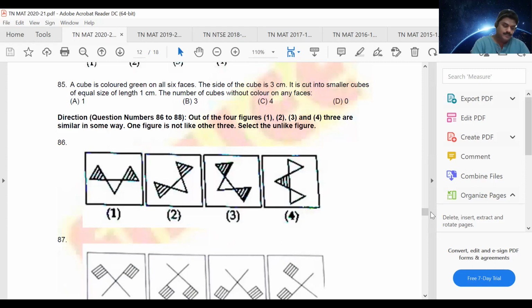Now what I will do, I'll give you the formulas. First of all, you have 5 particular cases that you can observe. Among them, the first one would be the total number of cubes. The question here is, there is a cube of 3 centimeters and it has been cut into smaller cubes of 1 centimeter each. So the cube basically would look like this.